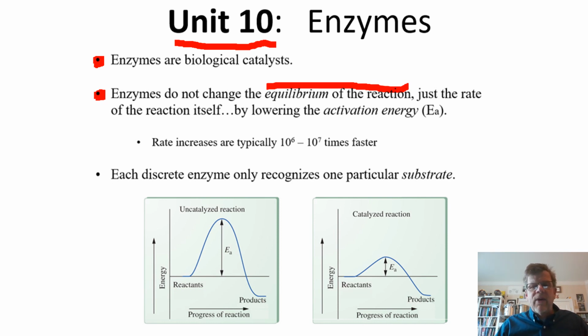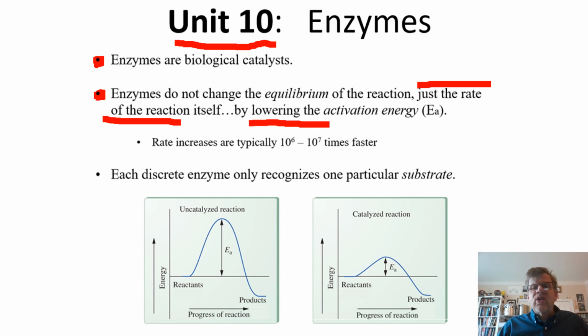What does change, however, with any catalyst, notably enzymes, since that's what we're talking about, is that we increase the rate of the reaction. And the way we increase the rate of the reaction is that we lower the activation energy of a reaction. So over on the left-hand side here, we see an uncatalyzed reaction with an activation energy which looks like this. If we catalyze that reaction by an enzyme or by any other catalyst, this could refer to a biochemical reaction or a reaction in a test tube.